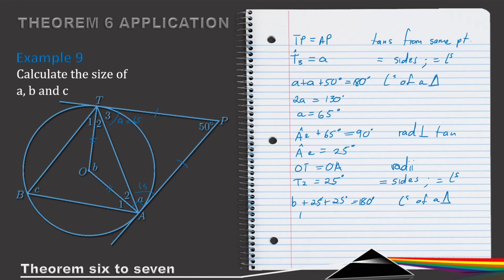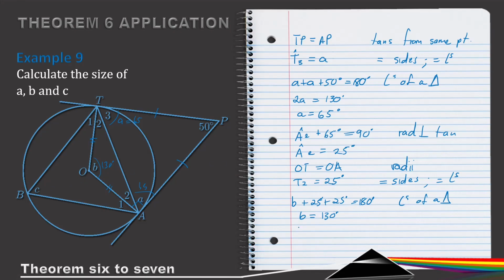And then B is basically, if you take the 25s to the other side, it becomes minus 50. So 180 minus 50, that gives us 130 degrees. Right, so this then is 130 degrees. Now to find C, that's pretty easy because we've already done a theorem that says that the angle at the center of the circle is twice the angle at the circumference.